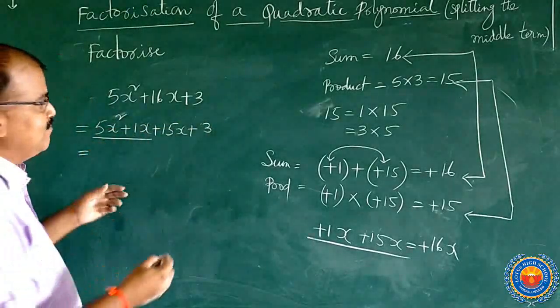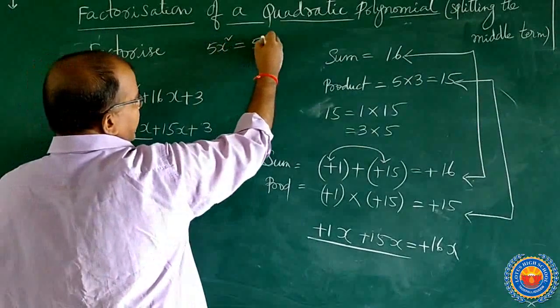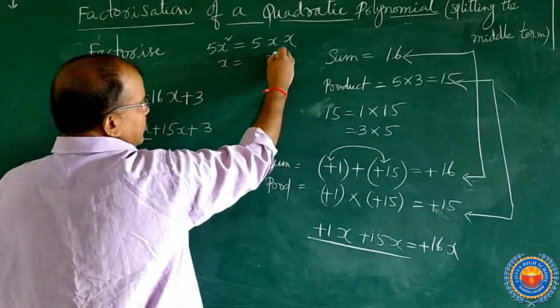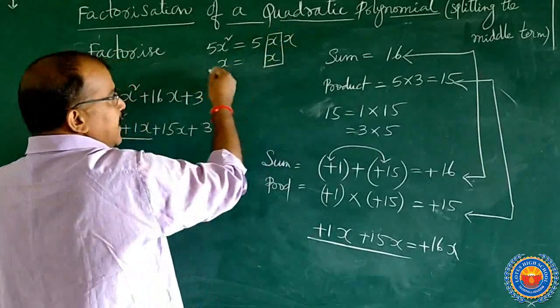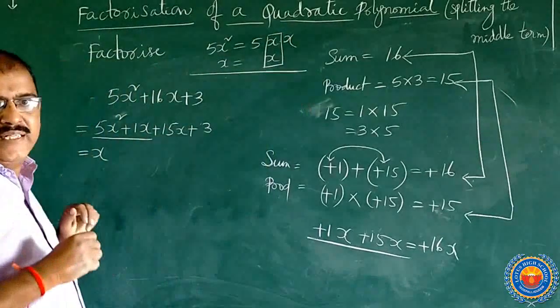Now again the same method. 5x square plus 1x: 5x square is nothing but 5 into x into x, and 1x is nothing but 1 into x. The common factor is x, so I am taking x as the common factor.